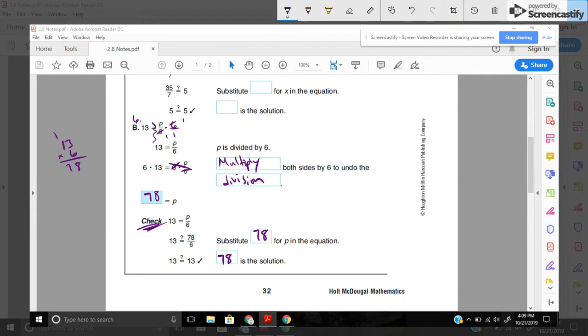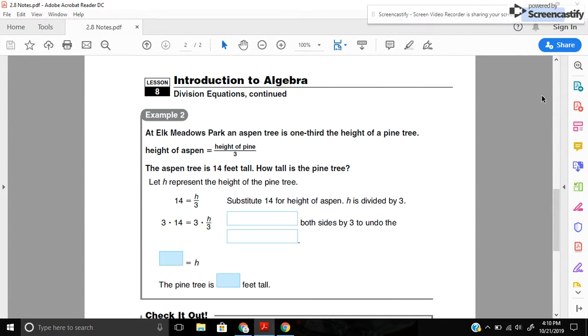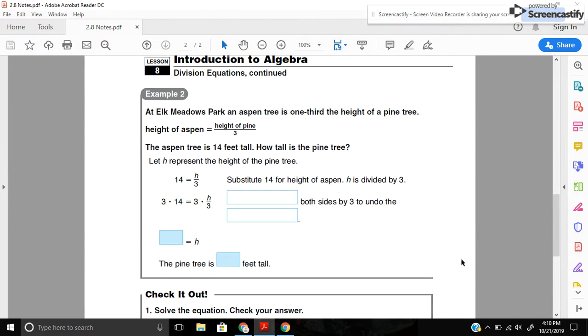All right, let's flip to the back side and check out example 2. It says at Elk Meadows Park, an aspen tree is 1/3 the height of a pine tree. In other words, the height of an aspen equals the height of a pine tree divided by 3.